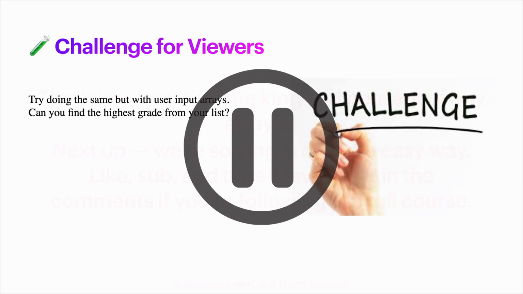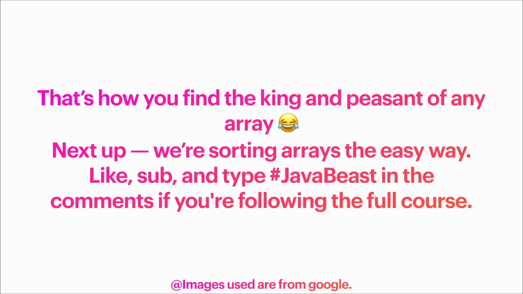If you're able to do that with a tutorial, or without, or just going through ChatGPT, it's fine. So that's how you find the king and the peasants of an array. What I mean by the king is the larger number and the peasants is the smaller number.